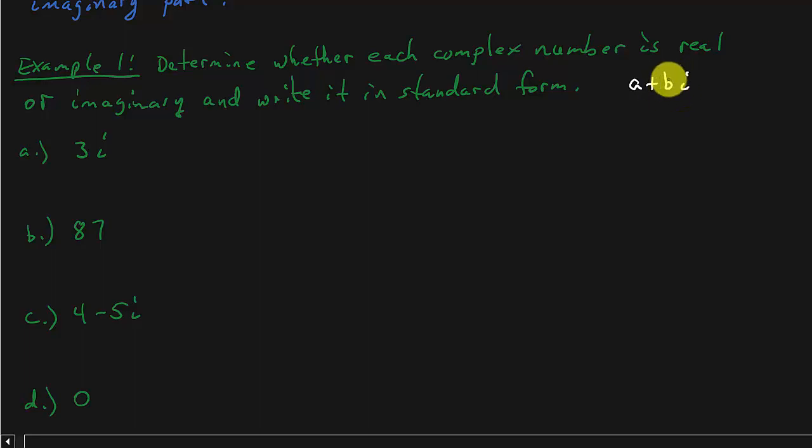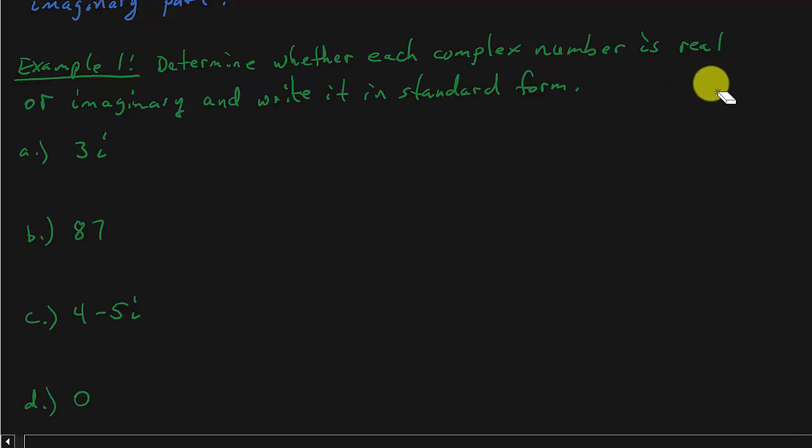Well, if b is 0, then 0 times i is 0, and a plus 0 is just a. So if b is 0, then the complex number is real. If b is not equal to 0, then you can see how the imaginary part would still be there. It doesn't matter if a is 0 or not. We're just talking about b.